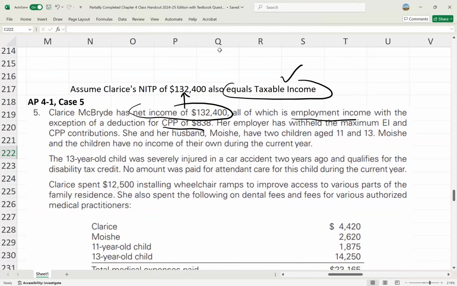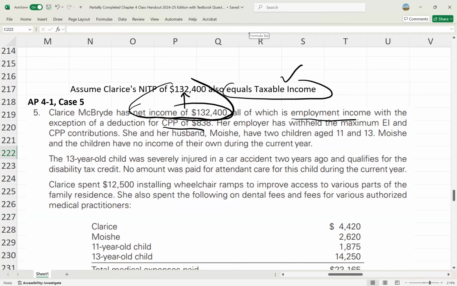So all this is saying is that we talked about CPP, and we said that if you get the maximum CPP deducted, then a certain amount, $3,218, will be used as a tax credit, but then the additional amount, the $838, would be a deduction when you calculate net income. So all they're saying is that when they calculated this net income, it's all employment income, but they've already deducted that $838 to get to the $132,400.